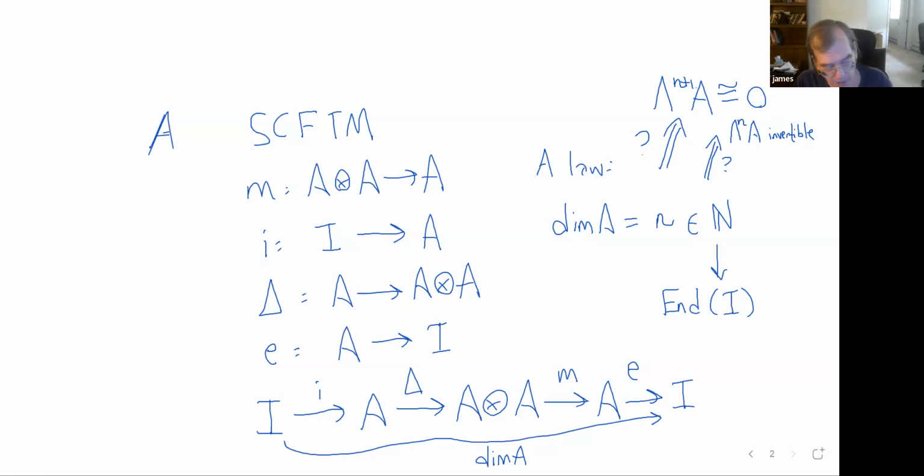And the hope is that there's a particular n involved, at least when you're working over a single component. So it works in all sorts of ways of understanding what is a particular n that you're getting from a particular special commutative Frobenius algebra or special commutative Frobenius tensor monoid or whatever, depending on how classical or non-classical we're looking.